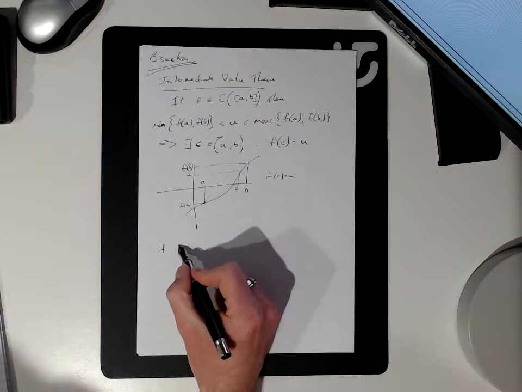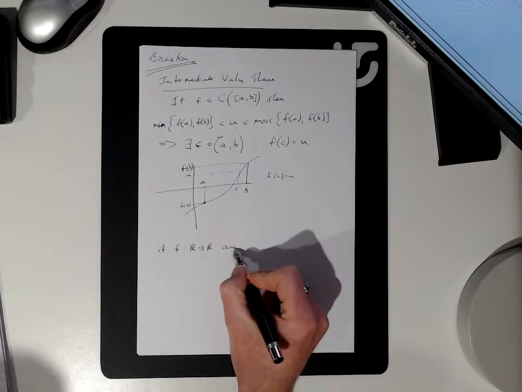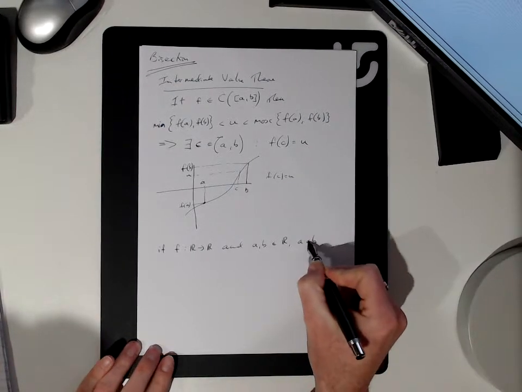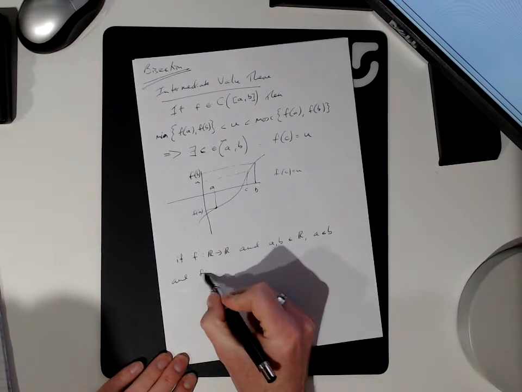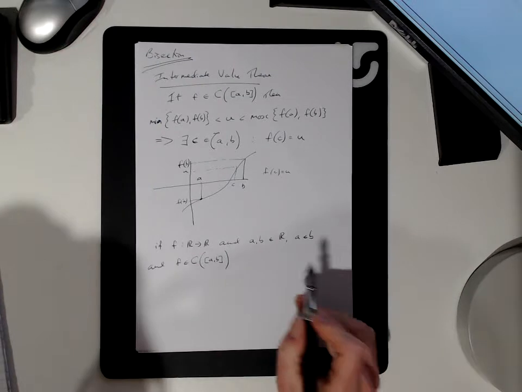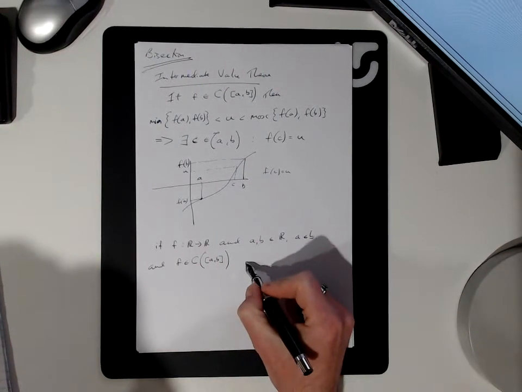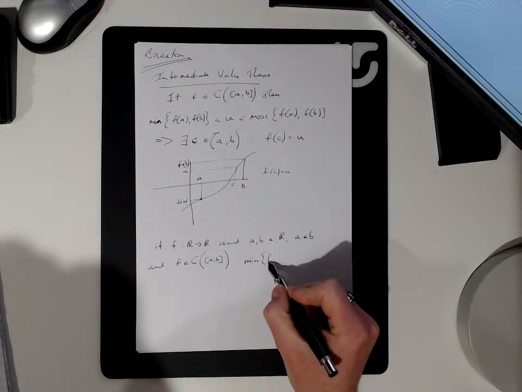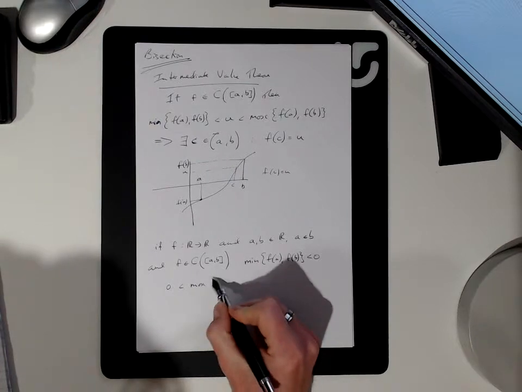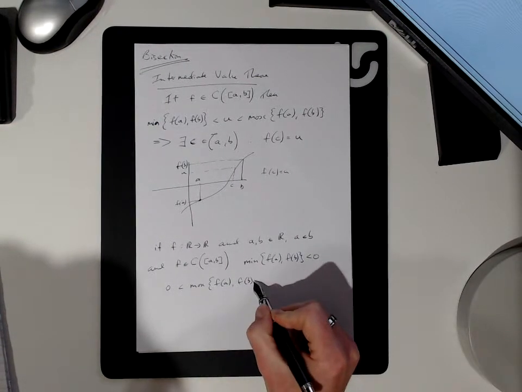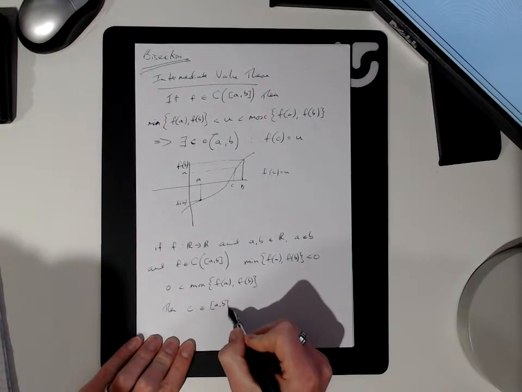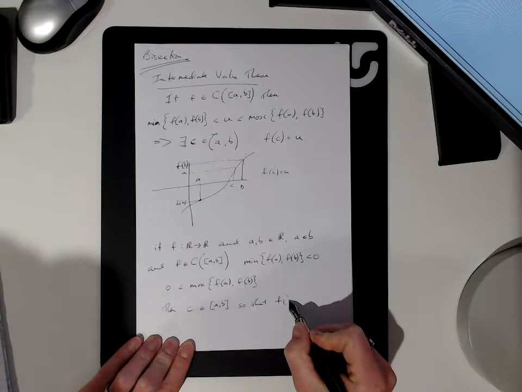Okay. So the idea is that if we happen to have a function f from the real numbers to the real numbers, and we have a and b an element of R, where a is less than b, and f is continuous over the interval from a to b, and importantly, that there is a sign change, that min of f(a), f(b) is less than 0, and 0 is less than the max of f(a), f(b), then we know that there absolutely exists some c inside (a, b) so that f of c equals 0.